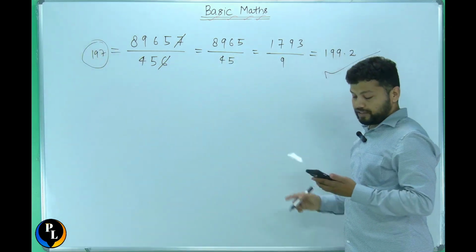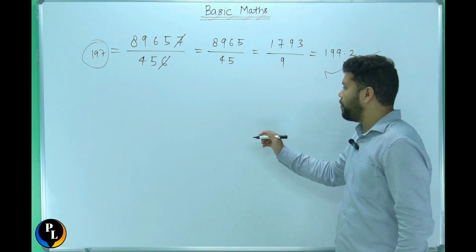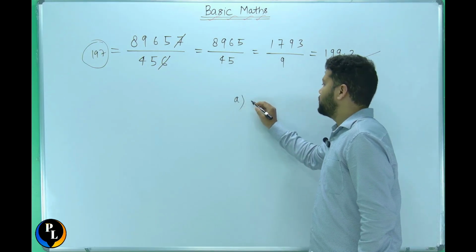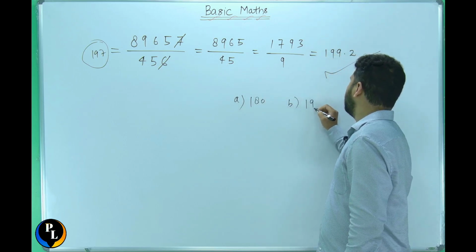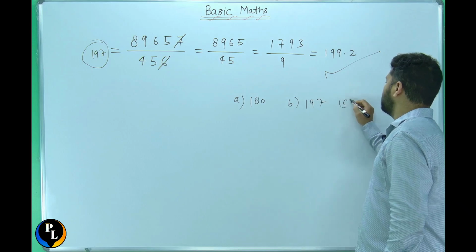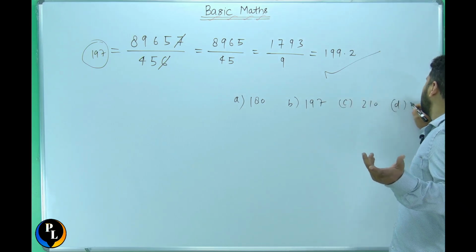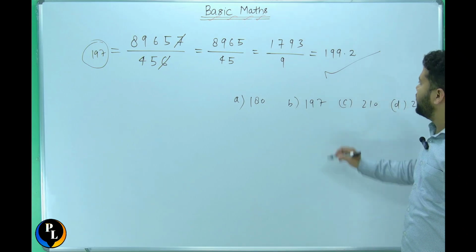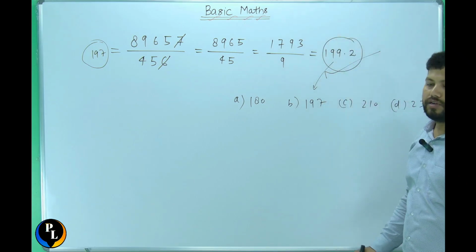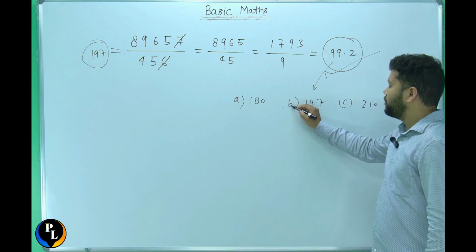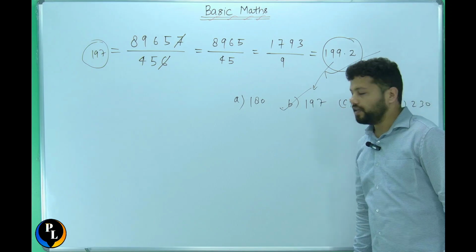So we can solve also like this. For this question, options may be given like this. Suppose first option 180, second option 197, third option 210, last option 230. We have calculated 199, which is very close to 197. So our answer will be the closest answer, 197.